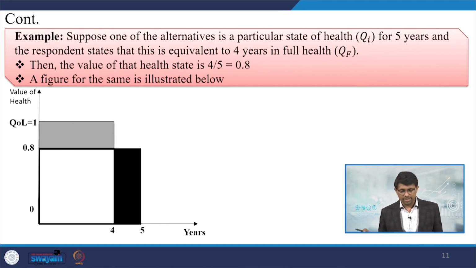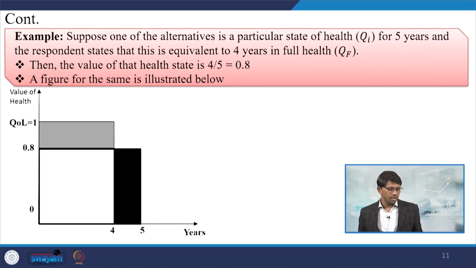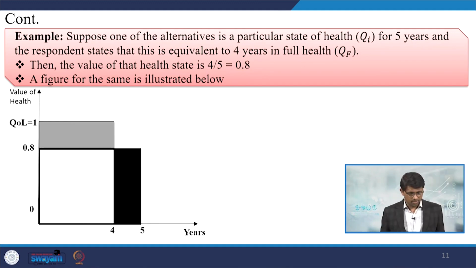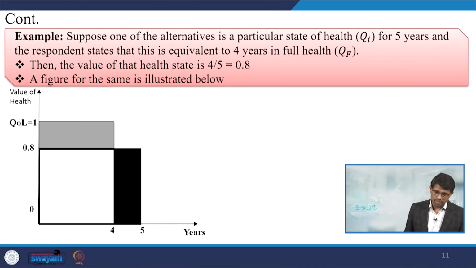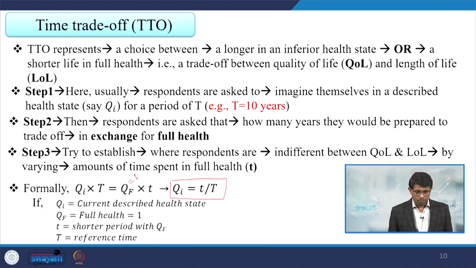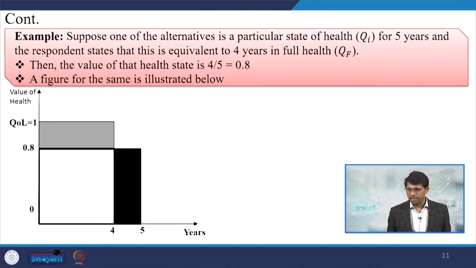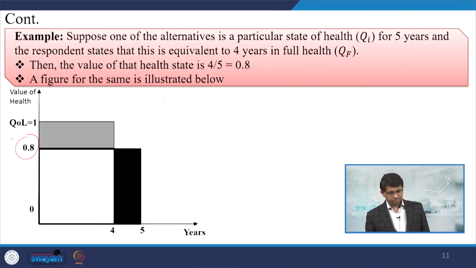So, QI in this case is actually 0.8. A figure for this is explained here. You can see the full QL and the full years is mentioned, and as per the estimated TTO it is actually 0.8. Okay, so you can just mark it from here.